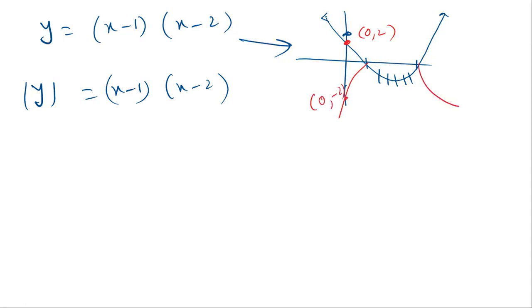And in this way, like this, the mirror image. This will be the graph of mod y equal to x minus 1 into x minus 2. You just remove this part. That's all, because the output is changing.